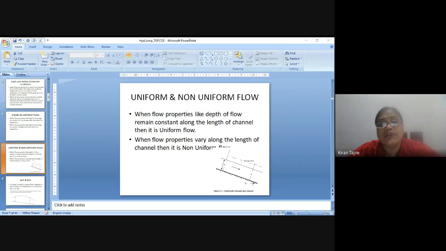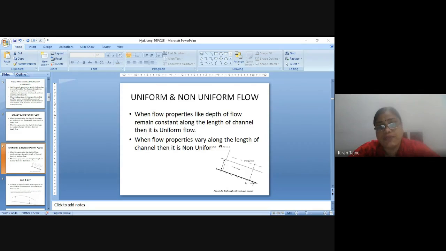A flow in which flow properties vary along the channel is termed non-uniform flow, meaning the depth of flow varies along the length of the channel. A prismatic channel carrying a certain discharge with a constant velocity is an example of uniform flow.